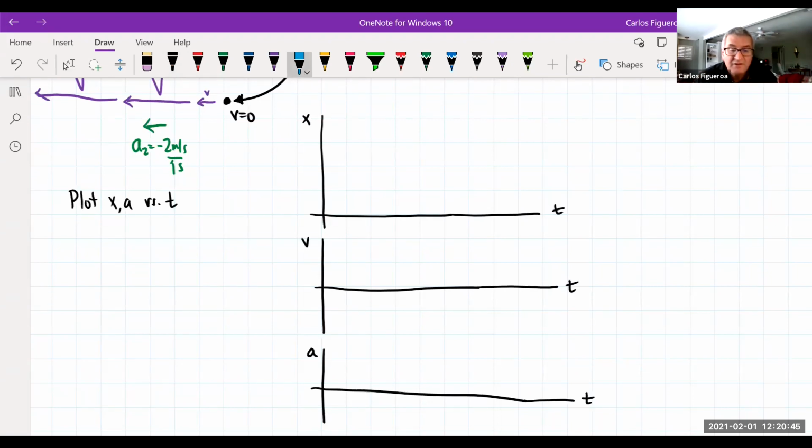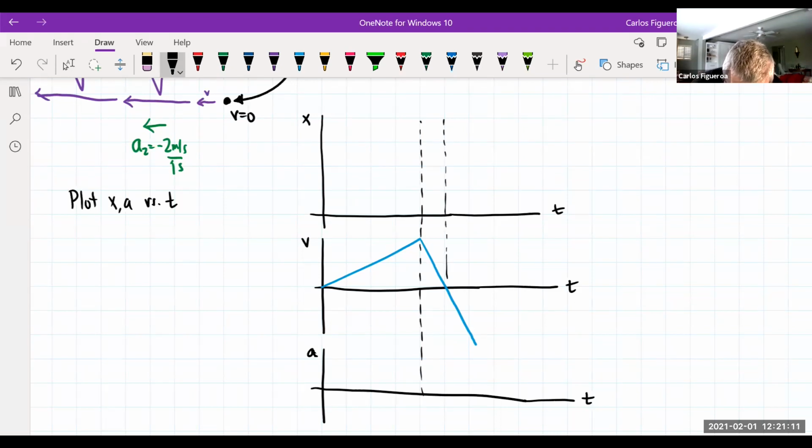So let's go plot my velocity curve. The first thing that I'm seeing here is that something goes like this to this point, and then it's going to have a steep descent. So what I'm really seeing here is that I'm breaking this up into 3 locations here, but guess what? It's not 3 intervals, it's 2 intervals. I'm only doing this just to make it a little bit clear.